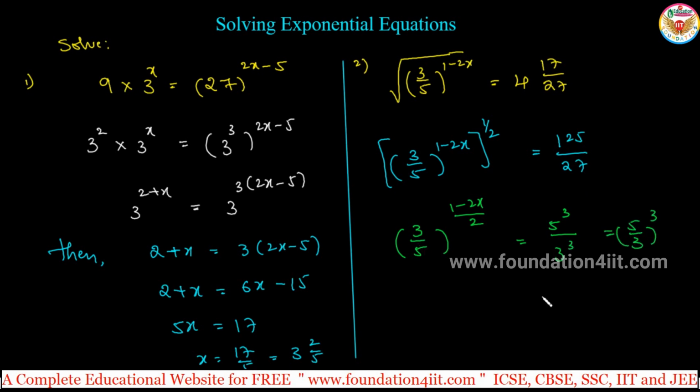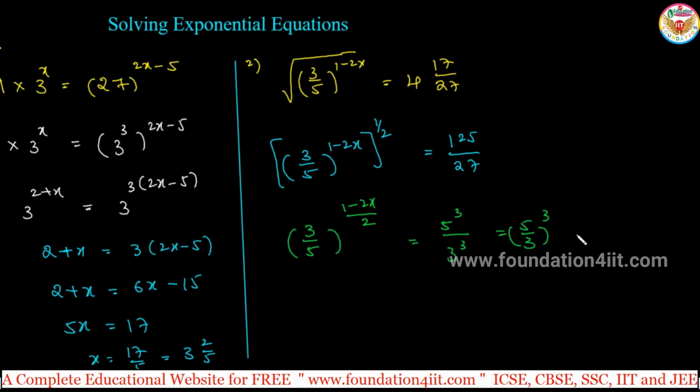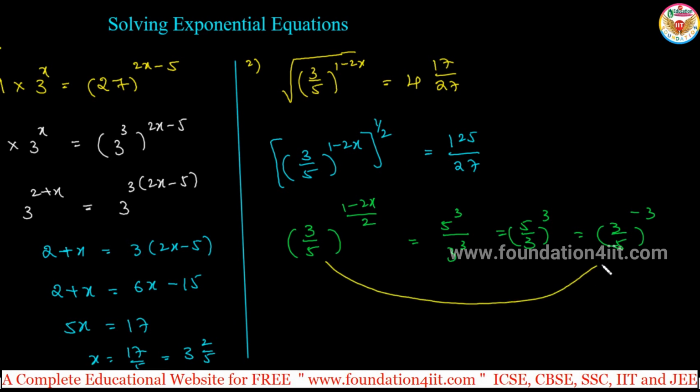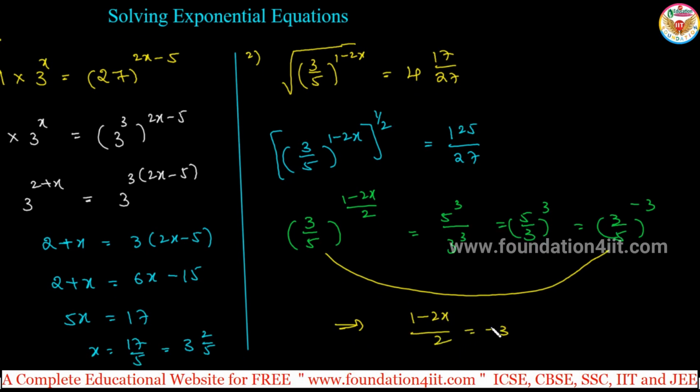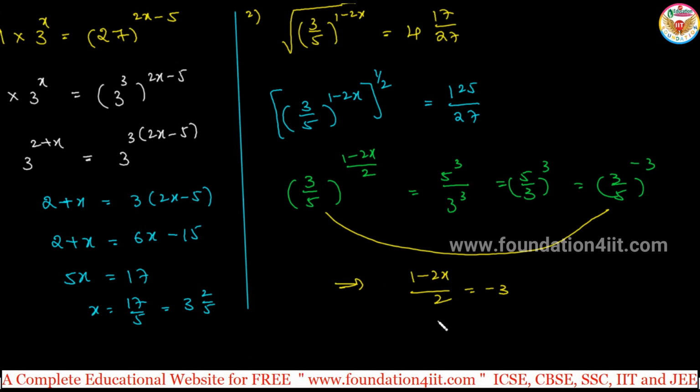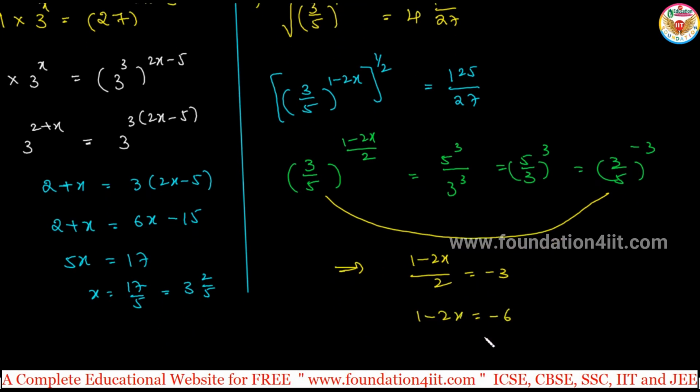But we need 3/5, so take the reciprocal: (3/5) to the power minus 3. Now the bases are the same, so equate the powers. Therefore (1 minus 2x)/2 is equal to minus 3. So 1 minus 2x is equal to minus 6.